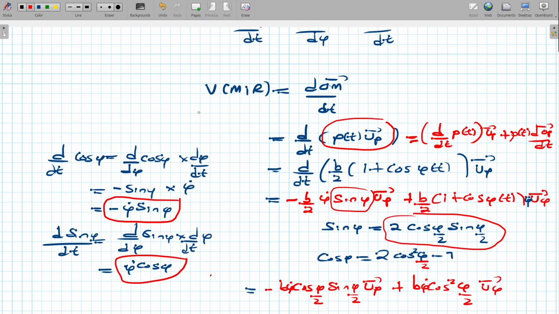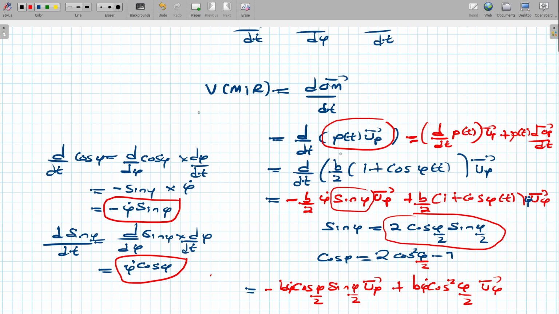We're supposed to find the velocity of the point M in the reference frame R. So we'll apply the definition. The velocity of the point M in the reference frame R is equal to the derivative of the position vector with respect to time. The position vector in this case is rho of t multiplied by the unit vector, which is u rho in this case.